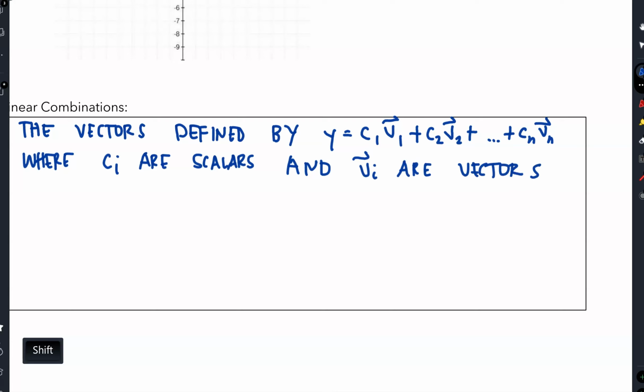So this is called a linear combination of the vectors with weights that are those scalars. So this is what a linear combination is.